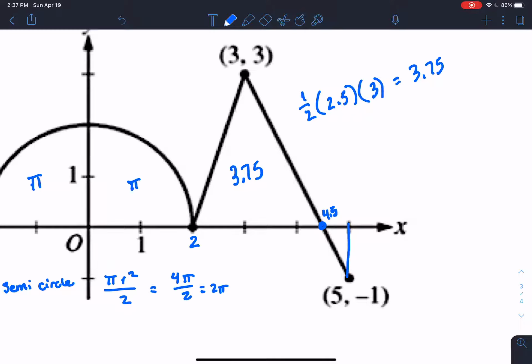Now if I go from 4.5 to 5, that's another triangle. So 1/2 of the base, which is a half, times the height, which is 1, so this is 0.25.